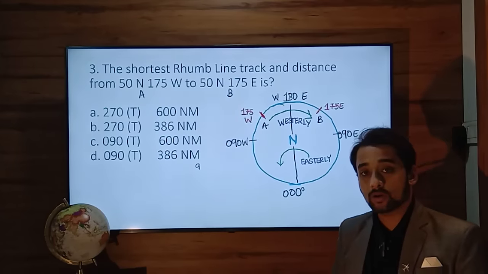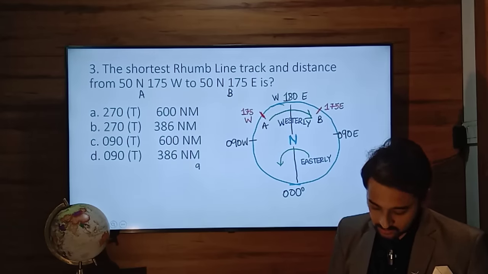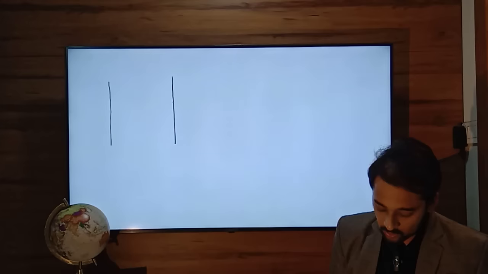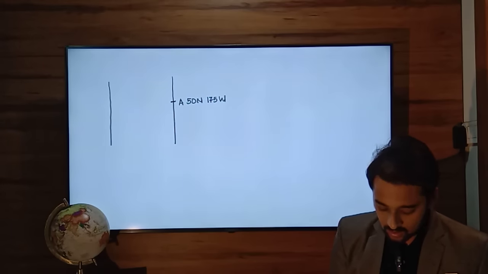If you don't want to draw this Earth, there is another way you can plot this, which is like this. So 50° north, 175 west, 50° north, 175 east.